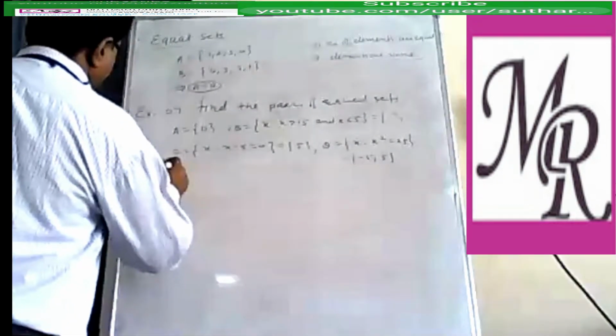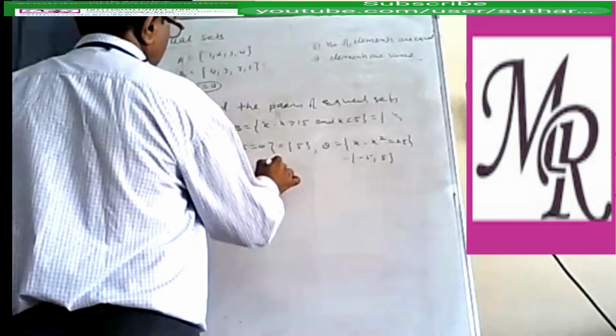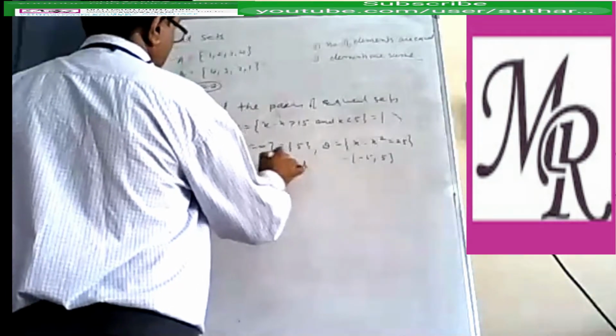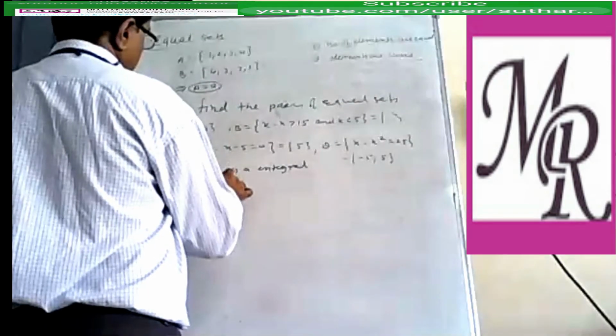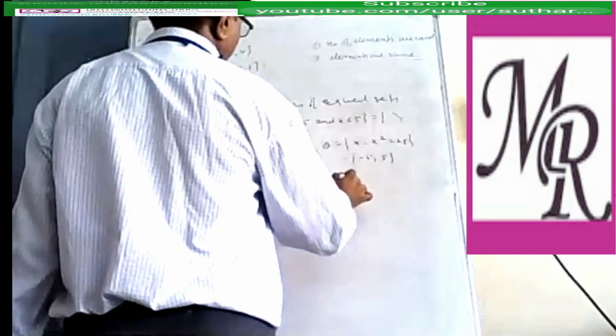Similarly, E says x such that x is an integer positive root of the equation x square minus 2x minus 15 equal to 0.